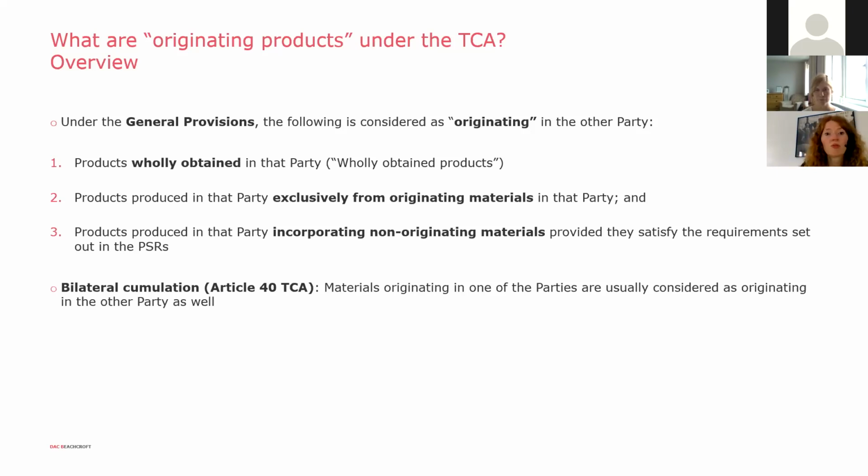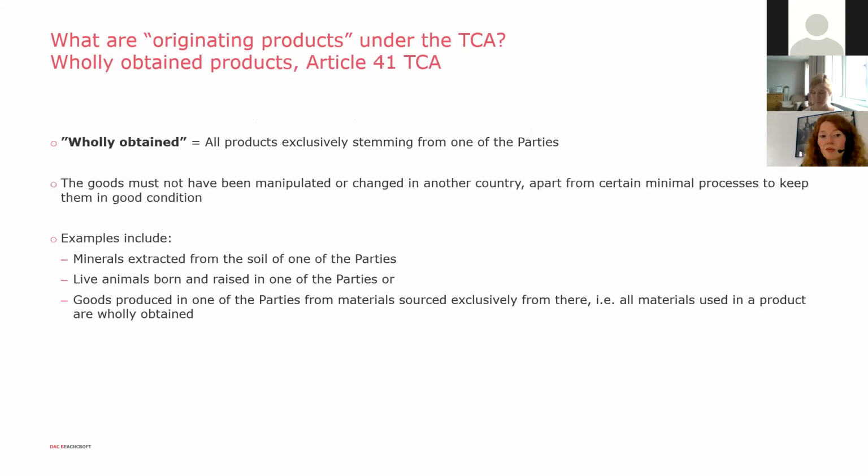Now coming to the next slide, just briefly looking into what wholly obtained means. So products exclusively stemming from one party, as we said. The goods also mustn't have been manipulated or changed in another country, apart from certain minimal processes to keep them in good condition. So freezing, for example, might be applicable in that regard, or similar procedures.